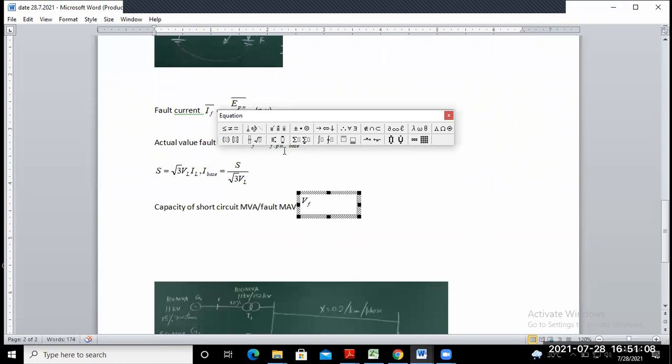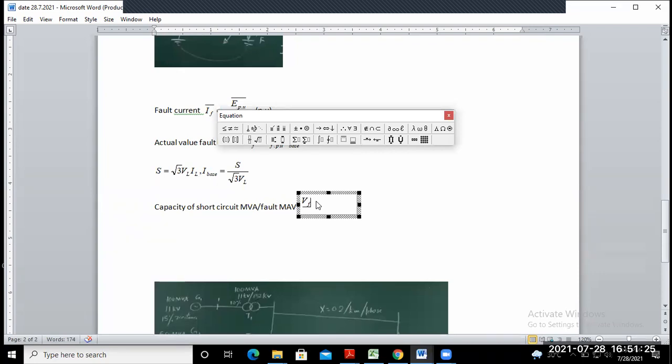V_F is represented as the pre-fault voltage, represented in the circuit diagram as E at an angle of 0 degree, in per unit.